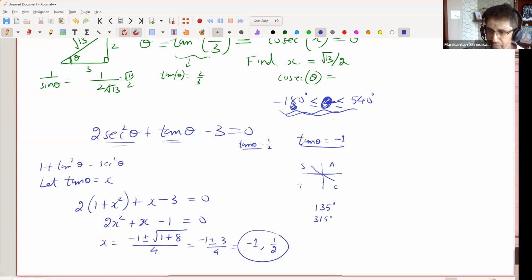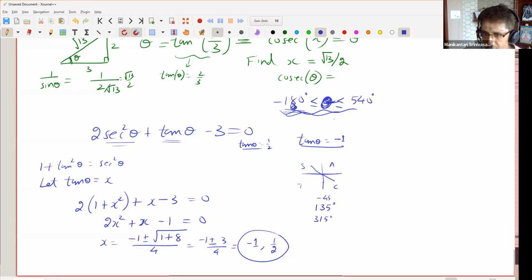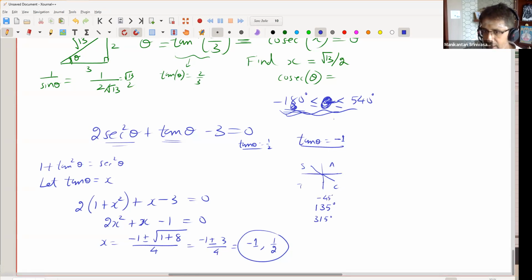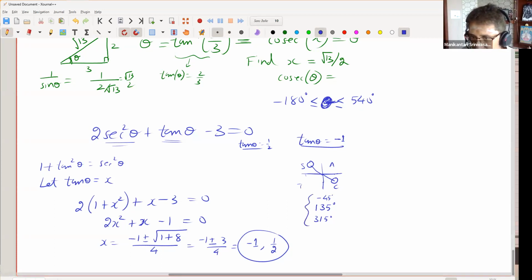So we'll keep going. If I go in the negative direction, because I want to go all the way till minus 180, I can include minus 45, which will be in the fourth quadrant. Negative 1 will be here and here. Going further than minus 45 will be outside the domain, since my domain is minus 180 to 540. So in the negative direction I have only minus 45.